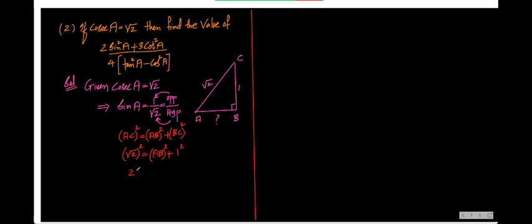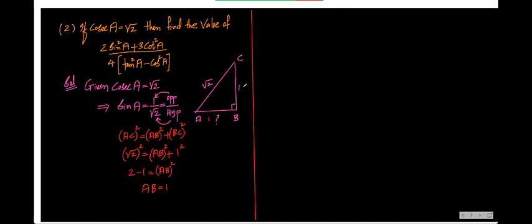The root and square cancel, leaving 2. Subtracting 1, we get 1 is equal to AB square. So 2 minus 1 is 1, and AB is equal to root of 1, which is 1 only. It means this value is 1.